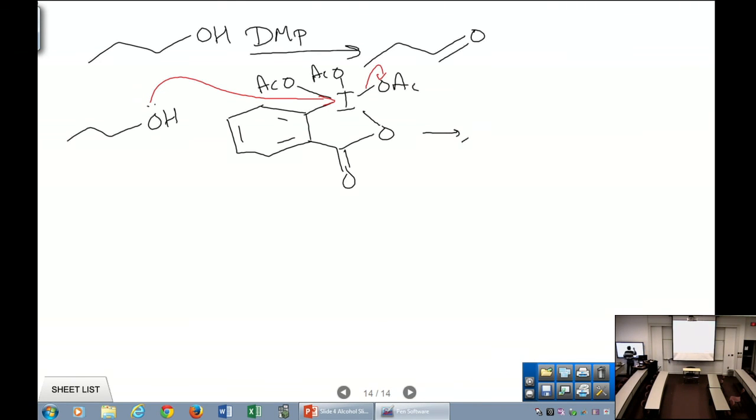That will give us, trying to see the best way to draw this. I don't have tons of board space here.